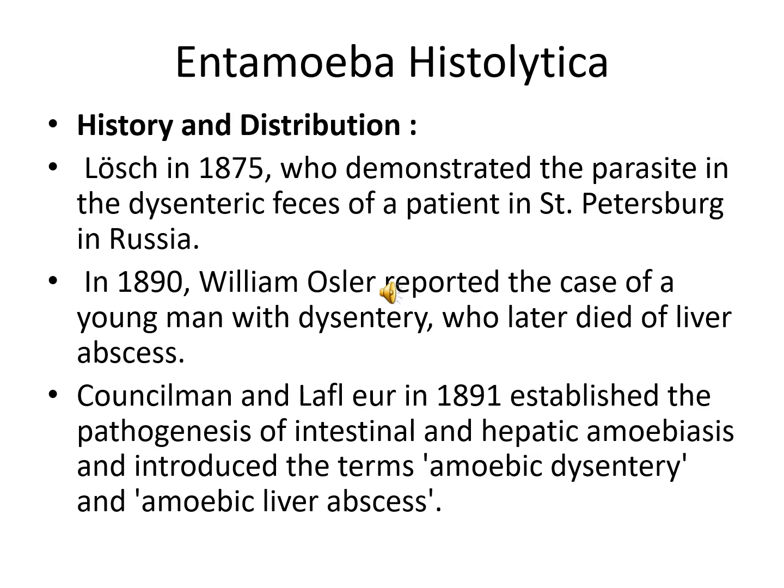In 1891, Councilman and Loeffler established the pathogenesis, that the infection caused by Entamoeba histolytica causes intestinal and hepatic amoebiasis, and introduced the terms amoebic dysentery and amoebic liver abscess.